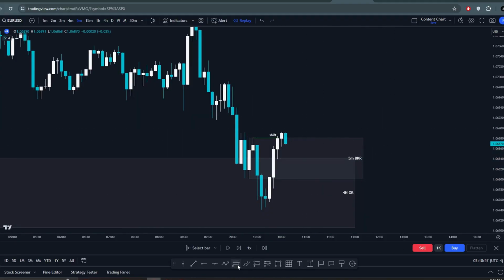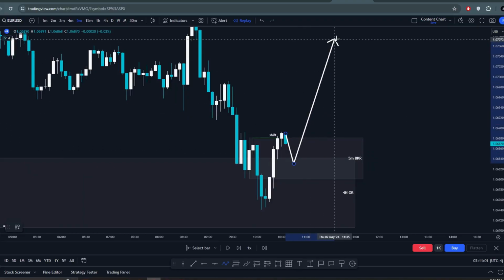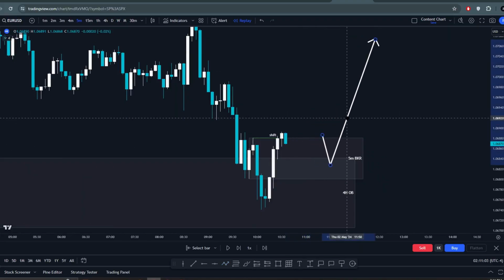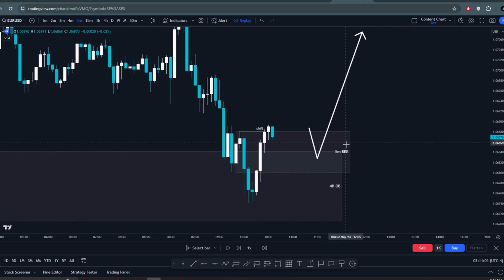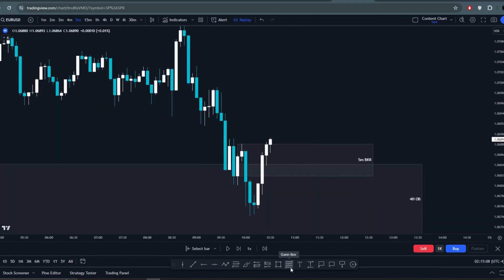This breaker block right here, we want to see price respect this breaker block and continue going higher. So let's see what the price will do. Remember, when you are going to enter, you should always enter at the discount zone. So let's mark out this swing low to the nearest swing high.